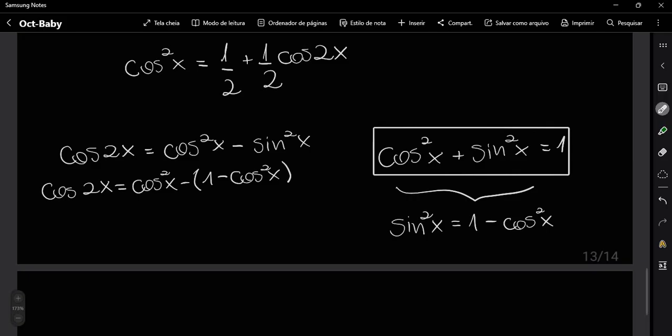And now rewriting this and doing a distributive on the signal. So cosine square of x minus 1 plus cosine square of x, and this is equal to cosine square of x minus 1.